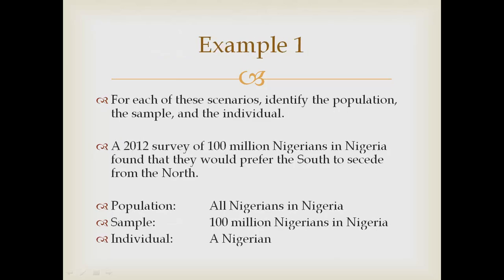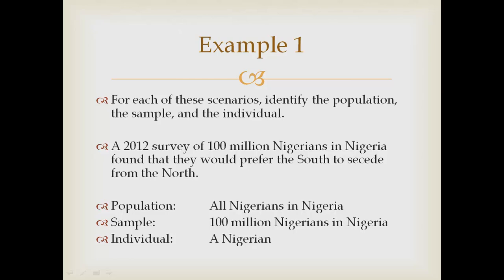So let's look at example 1. For each of these scenarios, identify the population, the sample, and the individual. A 2012 survey of 100 million Nigerians in Nigeria found that they would prefer the South to secede from the North.